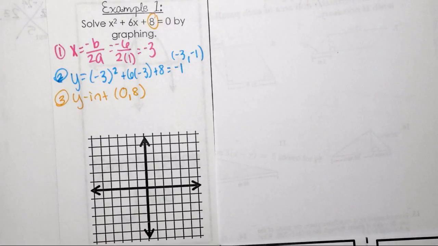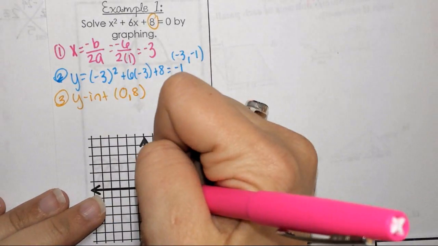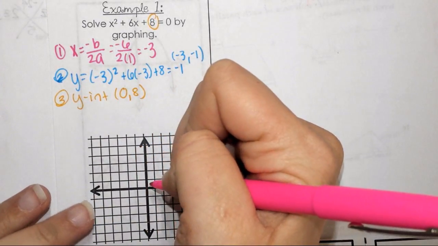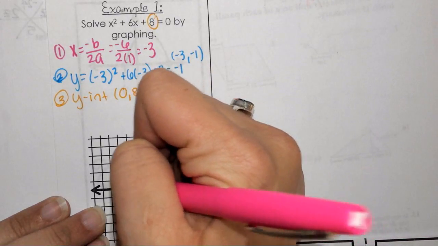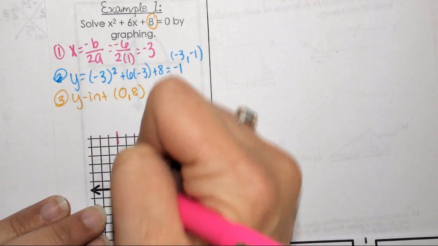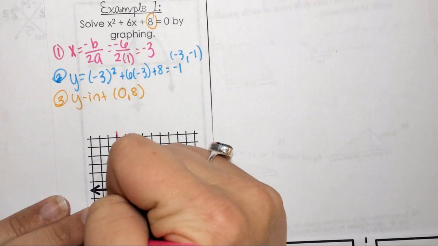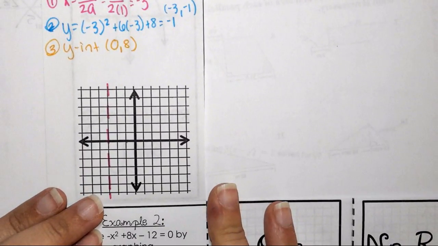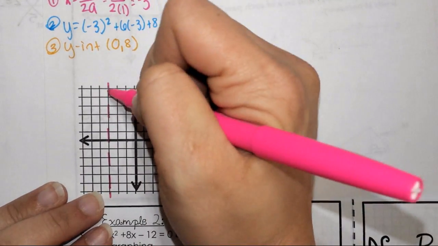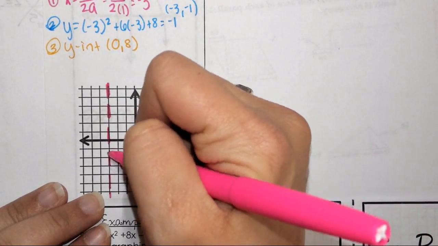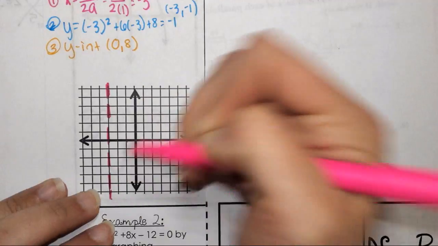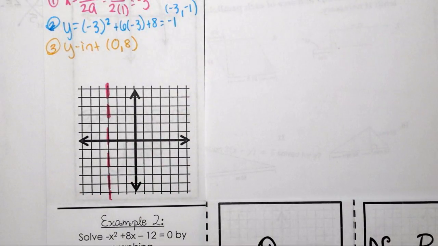Alright, so let's graph our axis of symmetry. So it's on the x-axis. Are we going to go left 3 or right 3? Left. Alright, so then we need to plot our vertex.